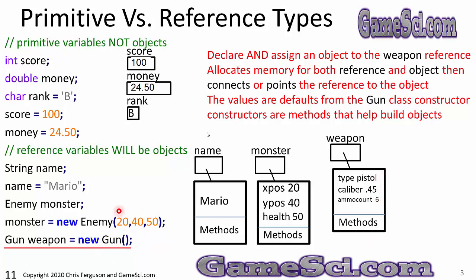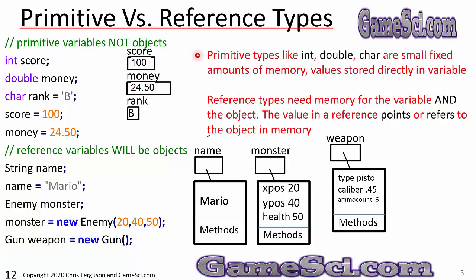It's very different than up here. Up here, when we created enemy, we told it what we wanted the values of the variables to be. In this case, we did not specify what we want, so we got what's called the default values. Primitive types like int, double, and char are small fixed amounts of computer memory, and the values are stored directly into the primitive variables.